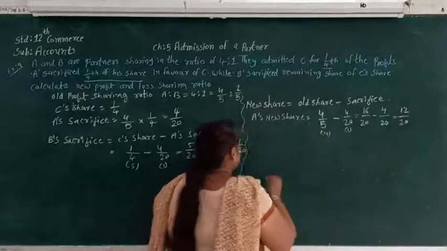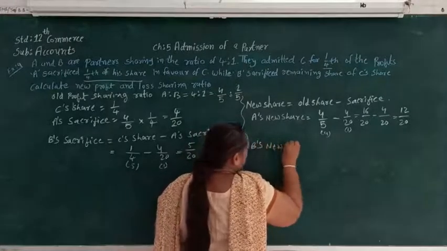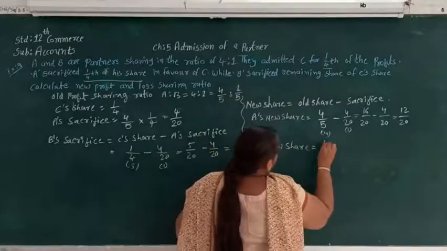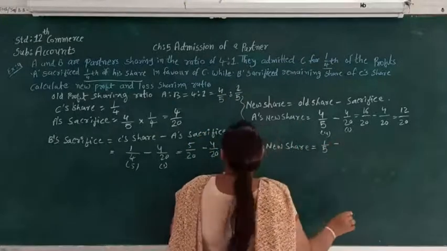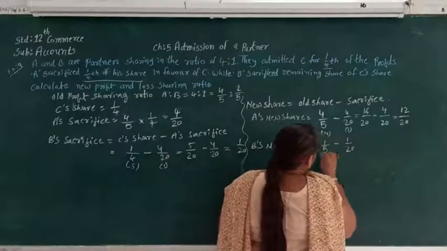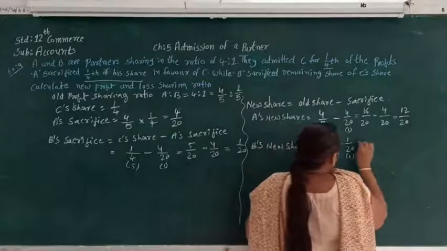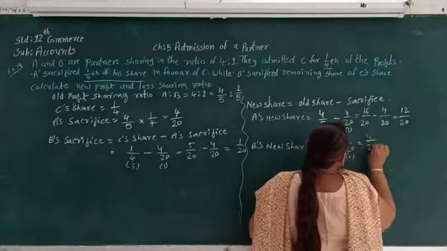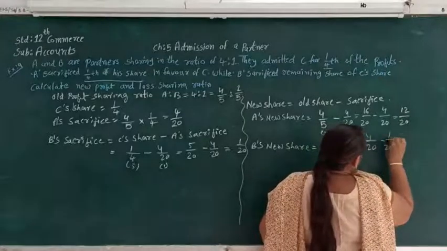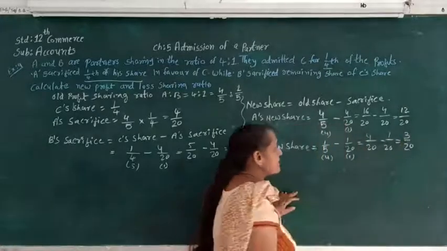Now next, B's new share is equal to B's old share, which is 1 by 5, minus B's sacrifice, which is 1 upon 20. So here again we are going to make the denominator same. For that, 4 upon 20 minus 1 upon 20. So it will be 3 upon 20. So this is B's new share.